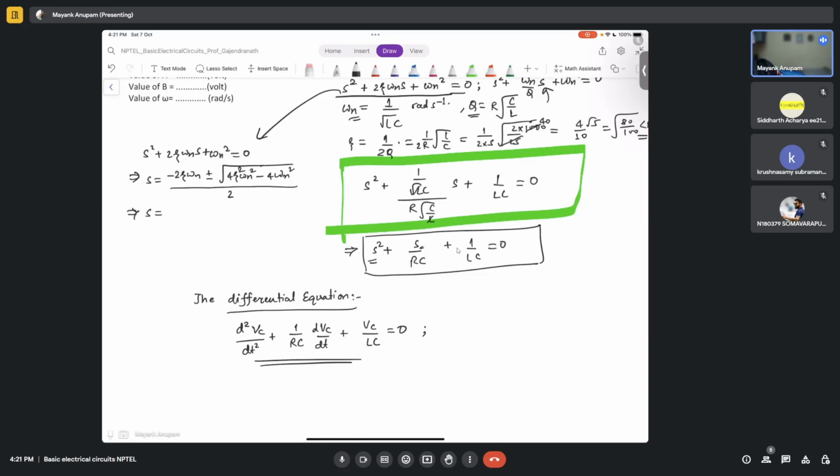So let's take omega n in common as was done already in the lectures also. So it becomes minus zeta plus minus under root zeta square minus 1, right? These are the roots.